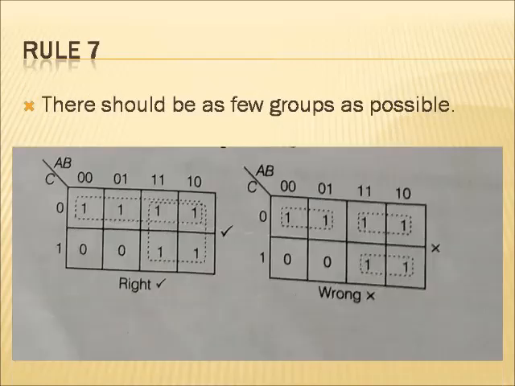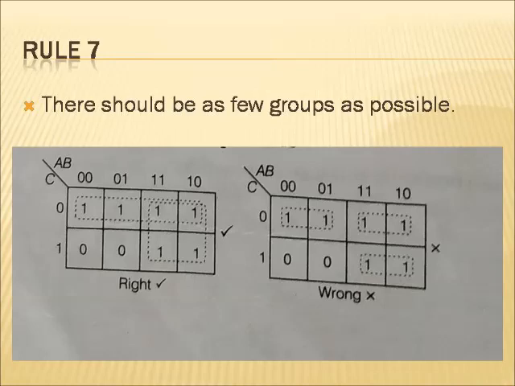Okay, next rule is that there should be as few groups as possible, right? We have seen a similar diagram earlier. Here you can see that on the left hand side we have 2 quads, whereas in the right hand side picture there are 3 groups, which is 3 pairs, right?